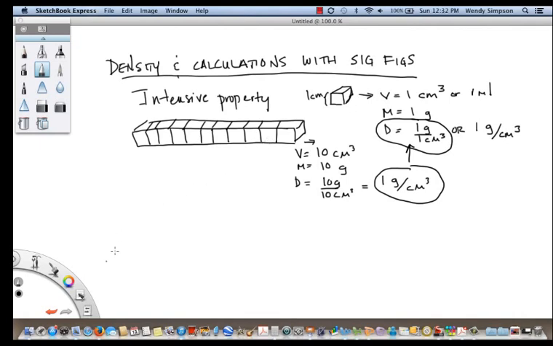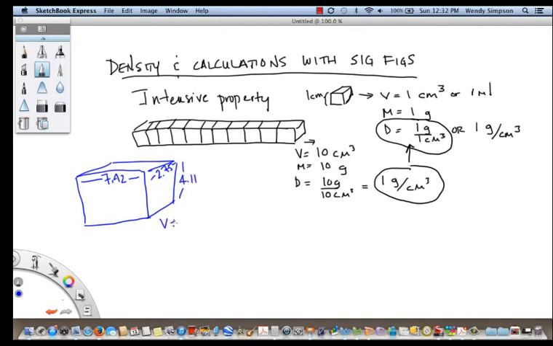Okay, now suppose we're going to take something brand new and we want to go in the lab and measure the density. So suppose I have a block of a material, and it's a rectangular block, and it has the dimensions of 7.42 centimeters here and 2.75 centimeters on this dimension, and then the height is 4.11 centimeters.